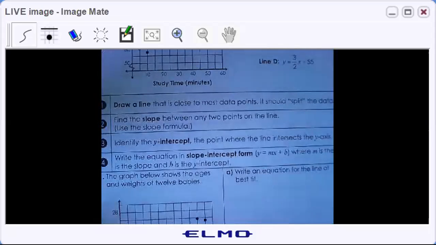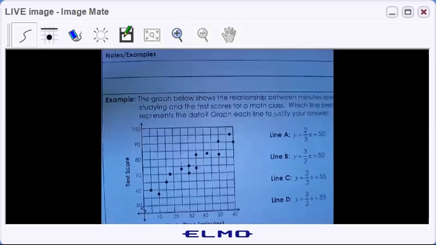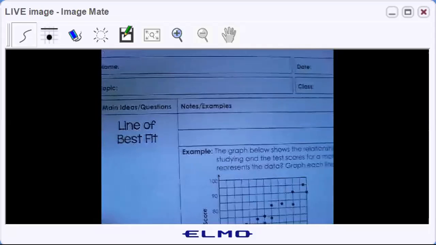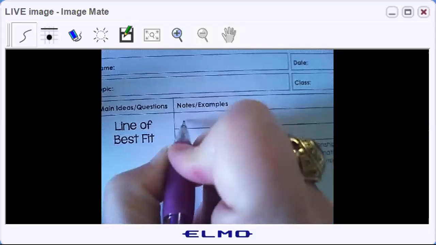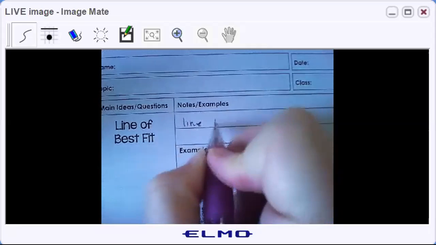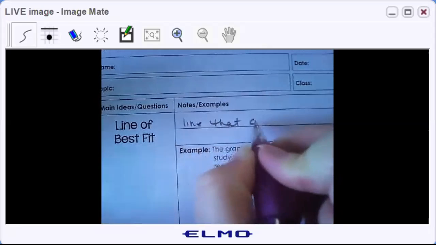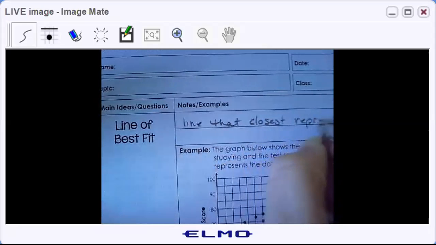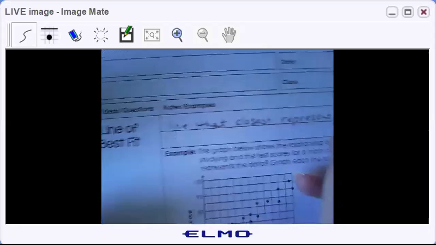So that doesn't change what we do, it just changes how we look at it a little bit. The line of best fit is the line that closest represents our data.